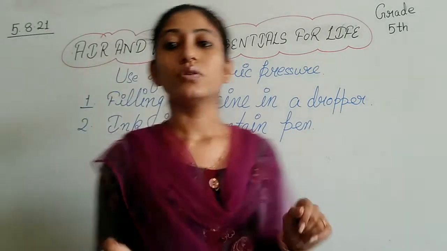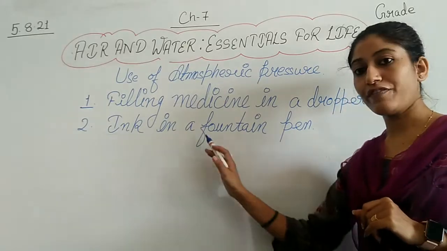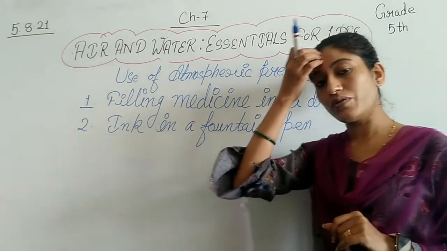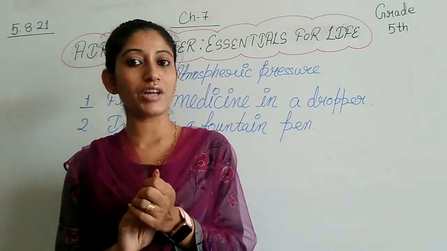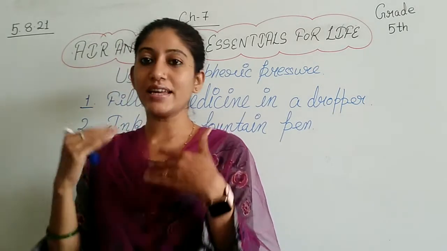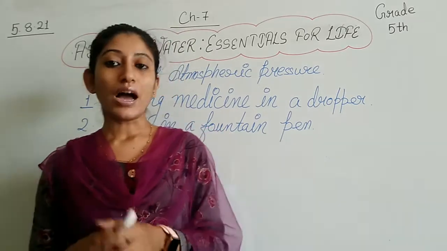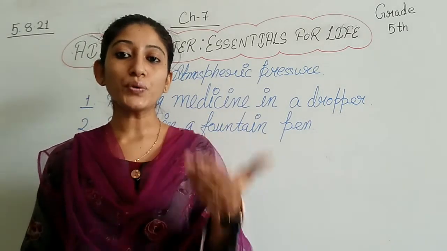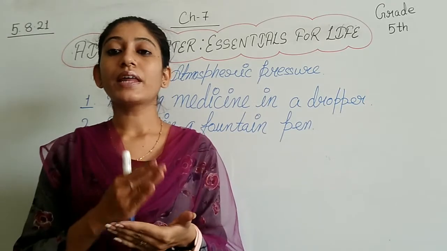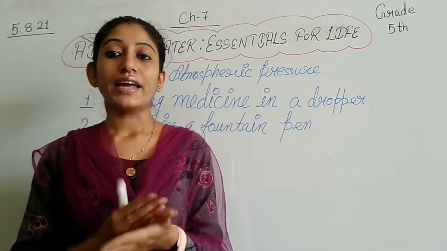This also works on the principle of difference in atmospheric pressure outside and inside, right? Now students, one more example is there where we use atmospheric pressure in our daily life.